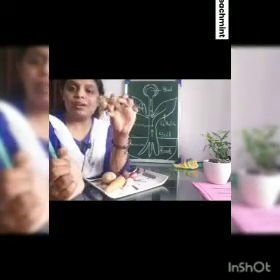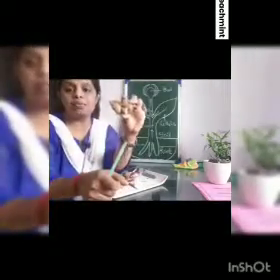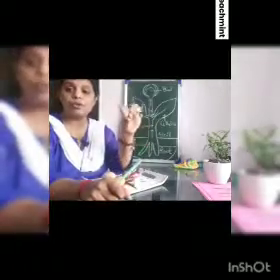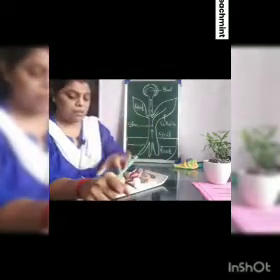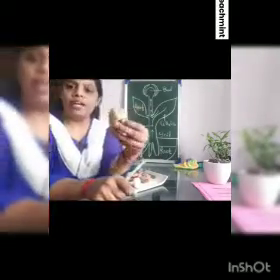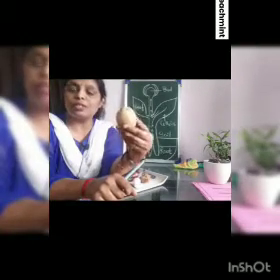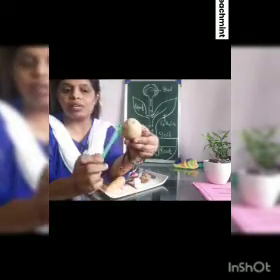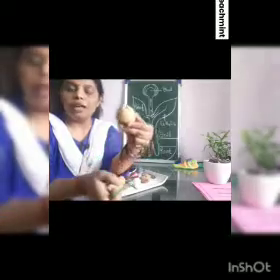Ginger is a rhizome. Garlic is a bulb. Onion, garlic, these all are bulbs. Ginger is a rhizome, also called a storage organ. And here I've taken tuber. Potato is a tuber. You can see here, this is a tuber.